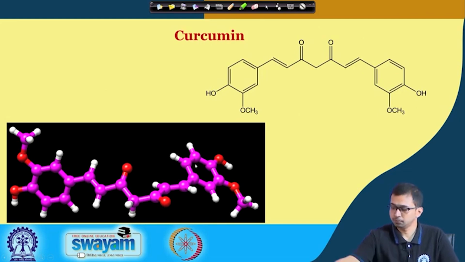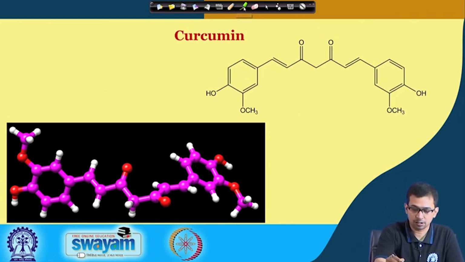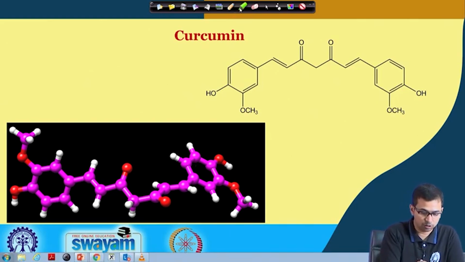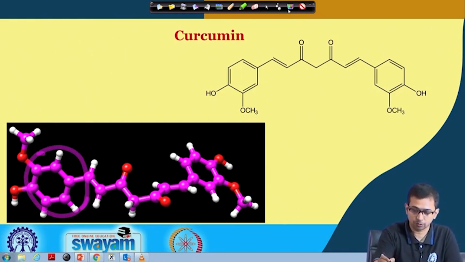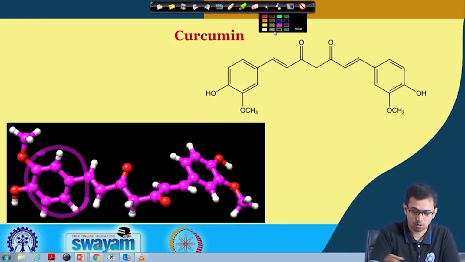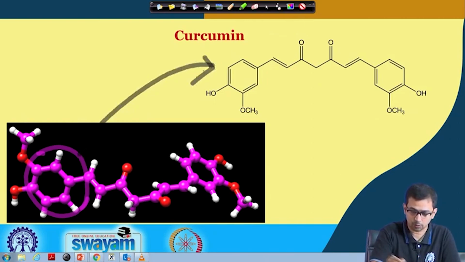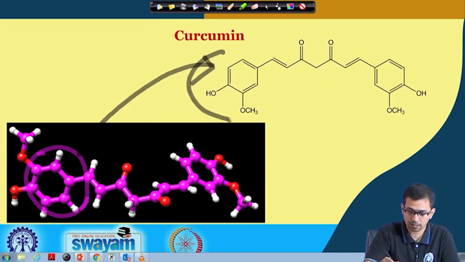Here we can see one of the rings of curcumin, which has been marked in purple. This ring corresponds to this structure, and we can correlate it with this one.